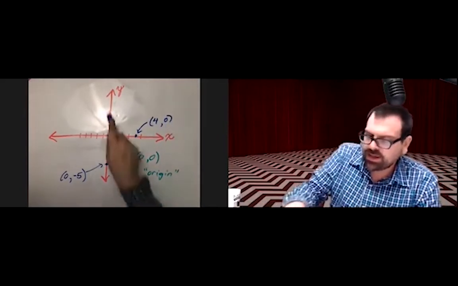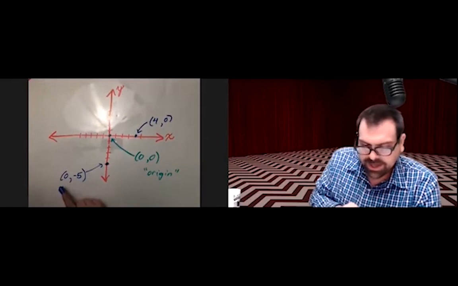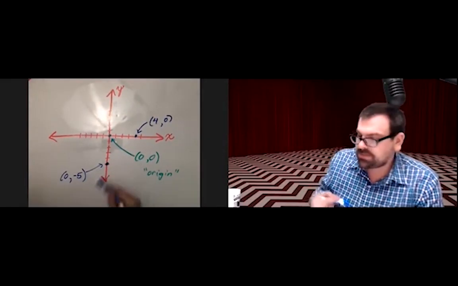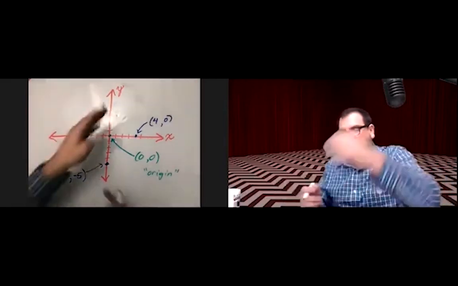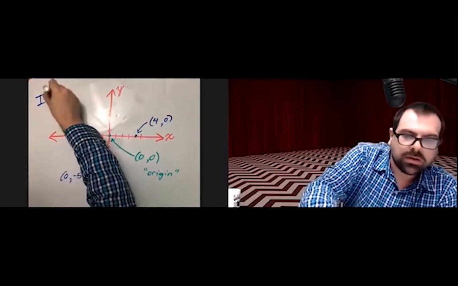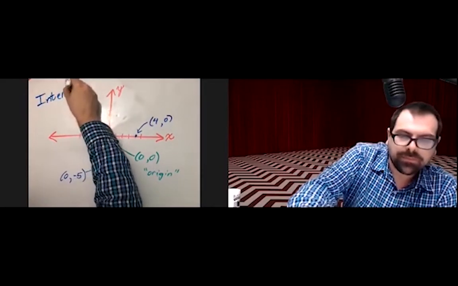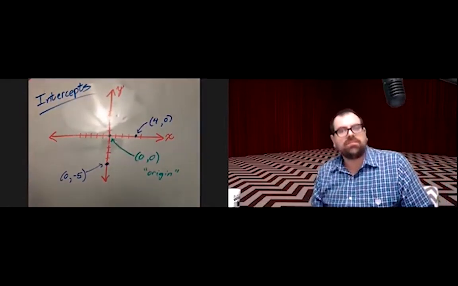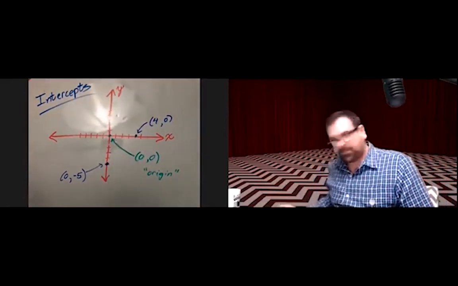Something that is directly on the y-axis has an x of 0. These types of points that happen to fall right on the axes are called intercepts because they intercept the axis.